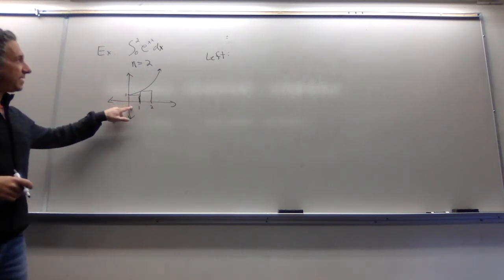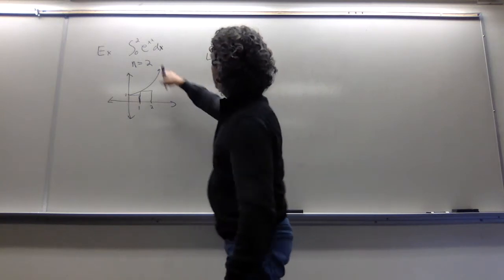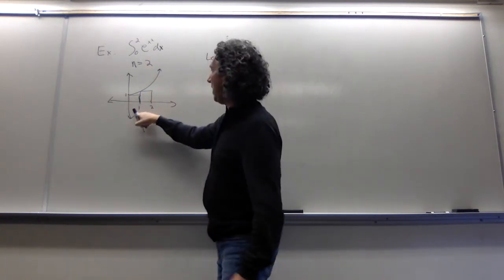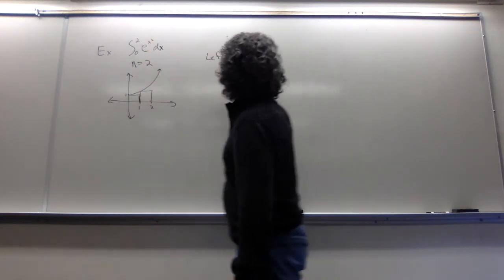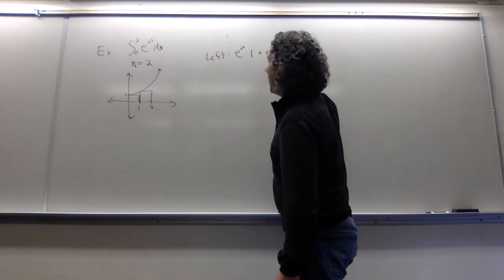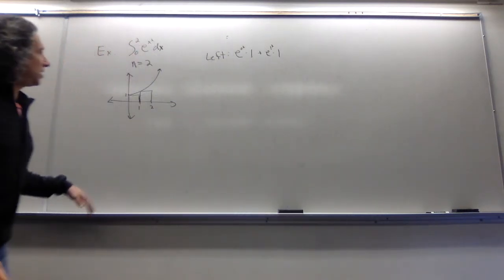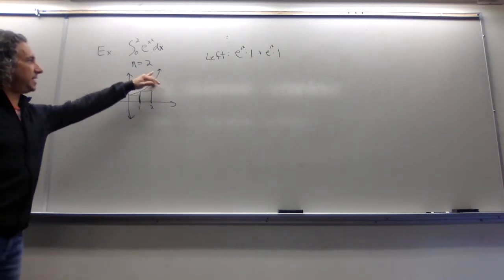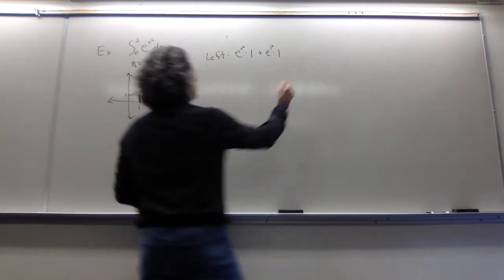So it looks like for my left sum, the height of this is going to be e to the 0 squared times the width, which is just 1, plus e to the 1 squared times the width of that, which is 1. And looking at this picture, I can see that I'm going to get an underestimate. And the reason for that is the curve is above my rectangles. So this guy is an underestimate.